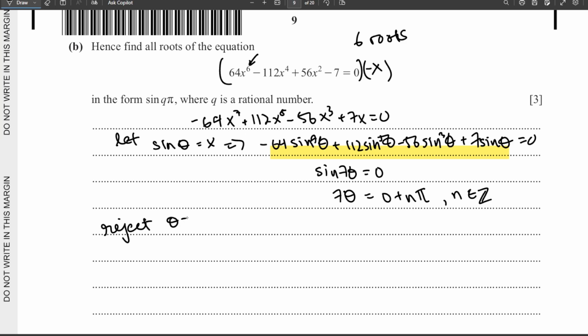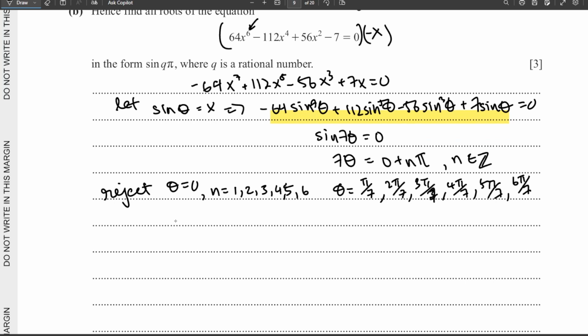So first, reject theta is 0. So we pick n to be 1, 2, 3, 4, 5, and 6, because we want 6 roots, so you can just get six values of n. You can go into the negative, you can go into the positive, but do it in order. Alright, so therefore theta we can have pi over 7, 2 pi over 7, and so on.